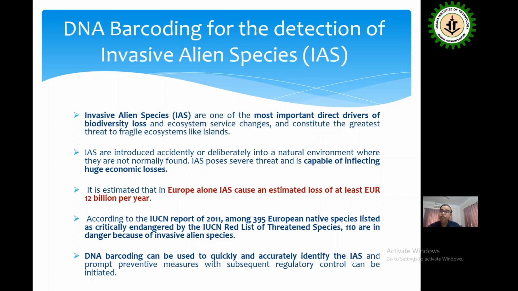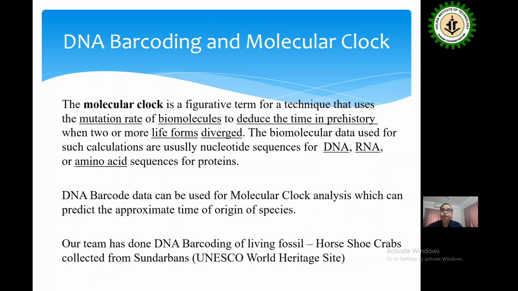And just to give one piece of information, there is a separate section for invasive alien species in the barcoding initiative. There are many more benefits of DNA barcoding. Because of the time constraint, I am not going into the details.